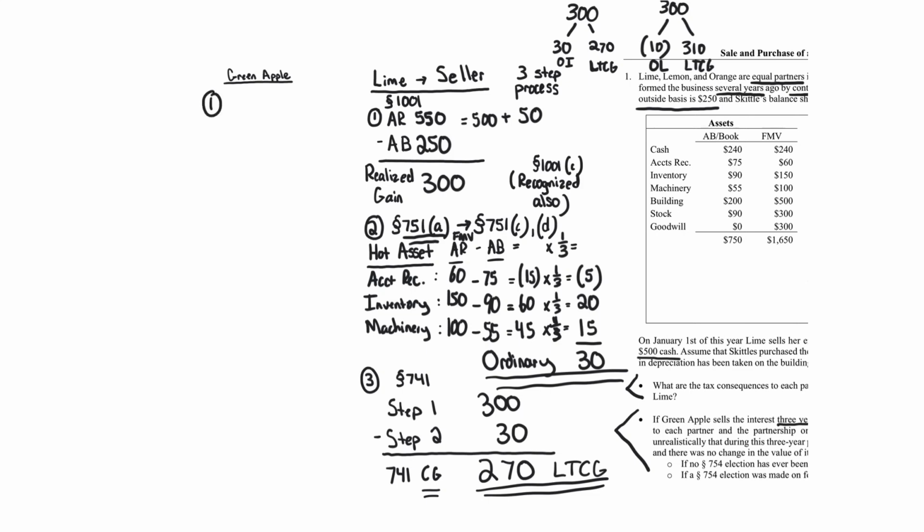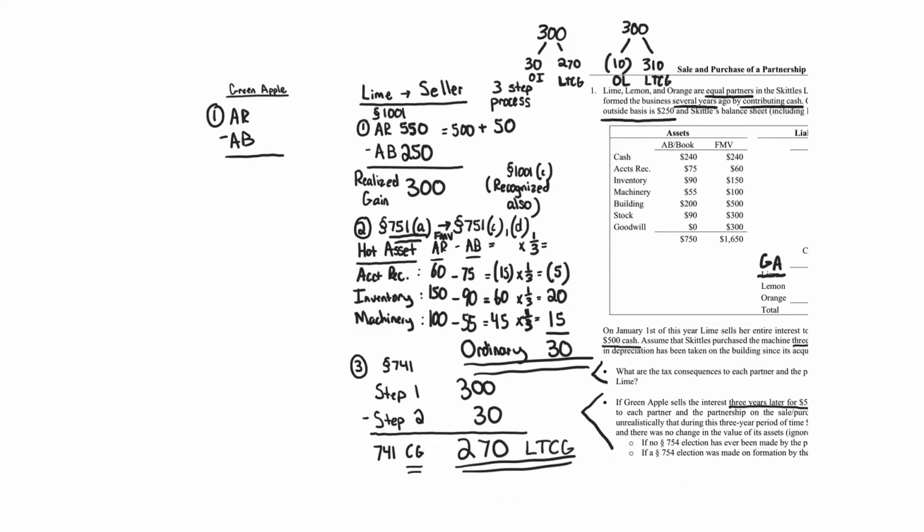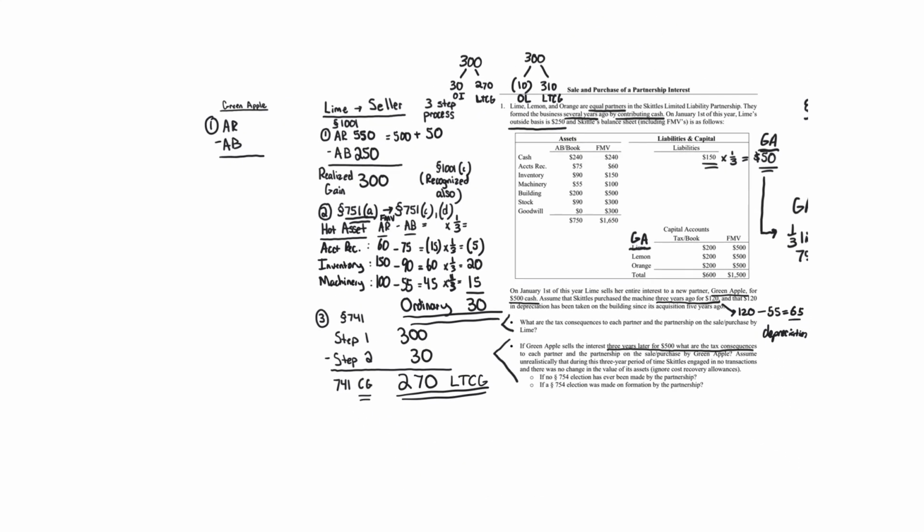Step 1, we calculate amount realized minus the adjusted basis. If Green Apple sells the interest for $500, it's going to be exactly the same as Lime in terms of amount realized. It's going to be the $500 of cash received plus the liability relief. We've got amount realized of $550.